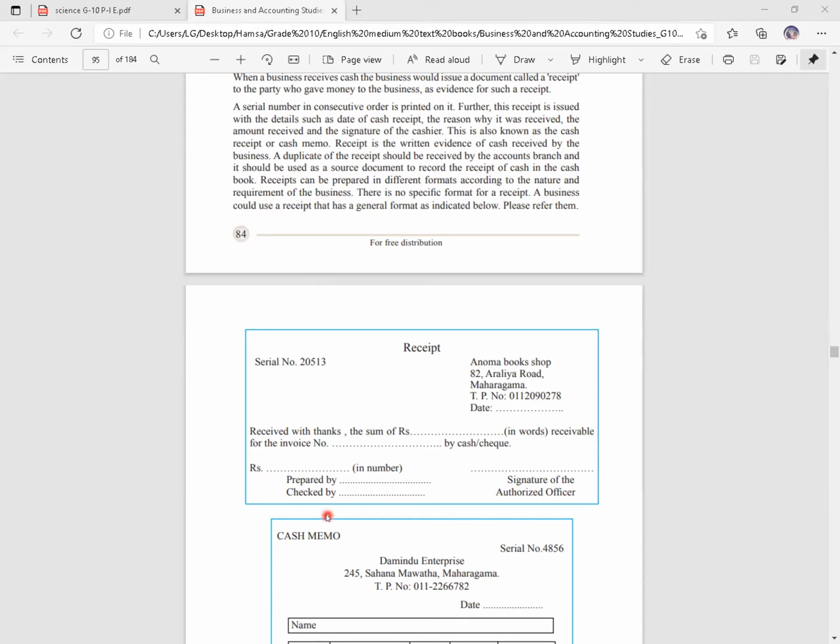And the signature of the cashier is a must, very, very important. Prepared by whom? Checked by whom? There will be two persons, one preparing the receipt and another checking it. Then the signature of the authorized officer.